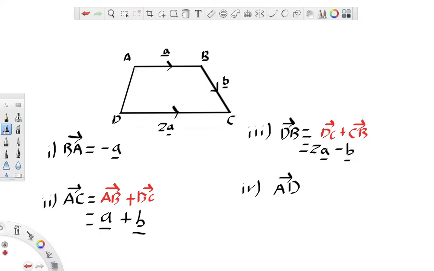And then finally, we've got A to D. Well, we can't go that way because we don't have a vector that defines A to D or D to A. So we've got to find an alternative route. What will that alternative route be?